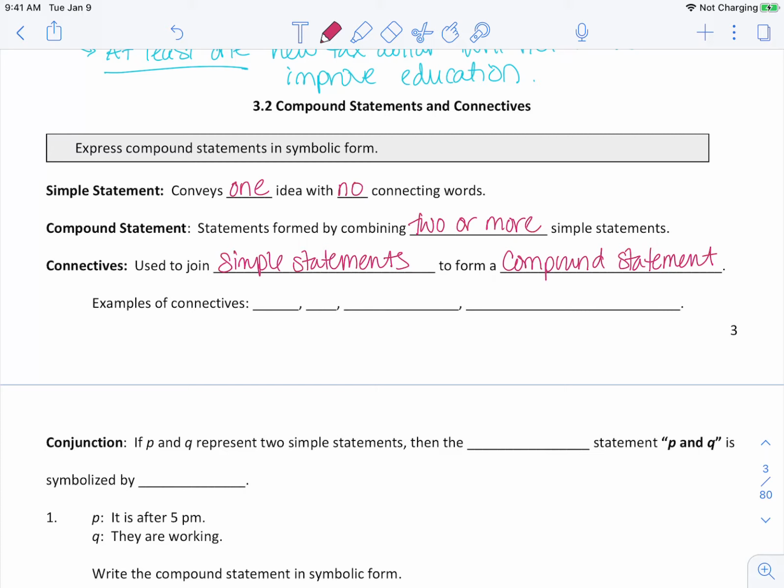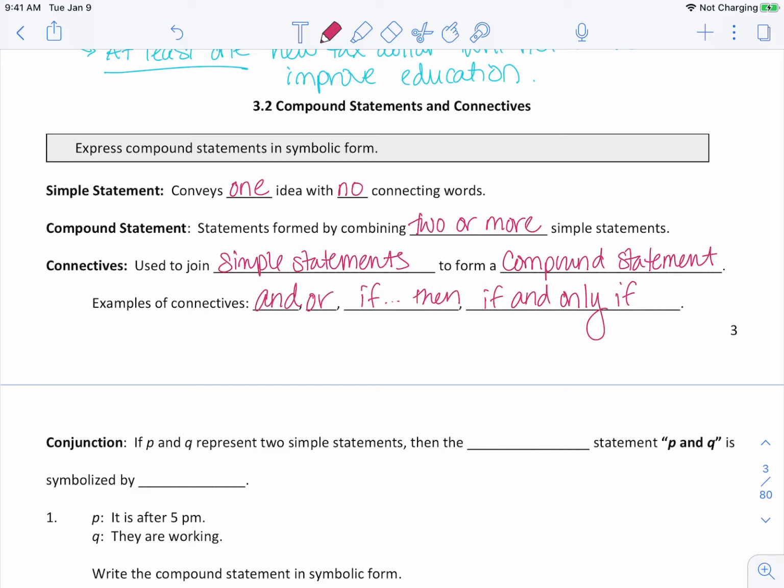Examples of connectives that we're going to be using are the words and, or, if, then, and then last, if, and only if.